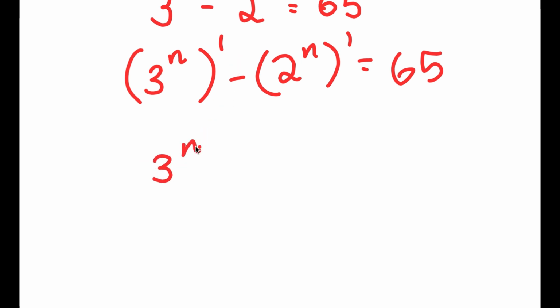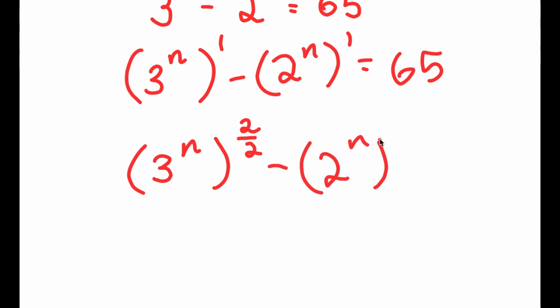Now, I'm going to rewrite 1 as 2 over 2. And 2 over 2, that's 1 again, so it's the same exact thing. And I'm going to do the same for 2 to the power of n.